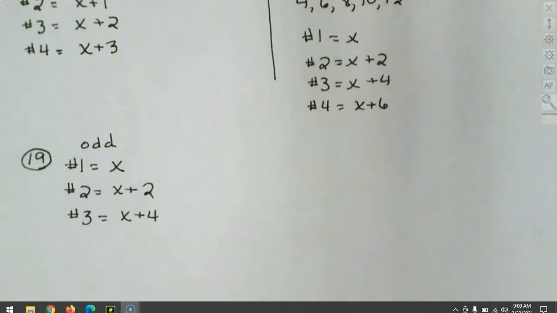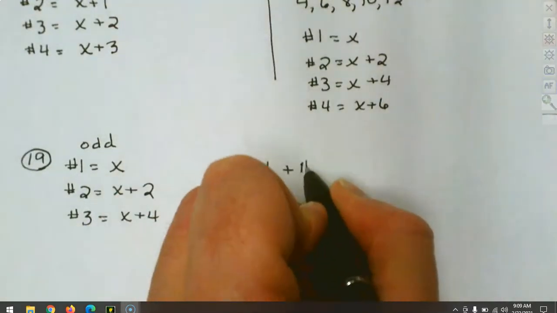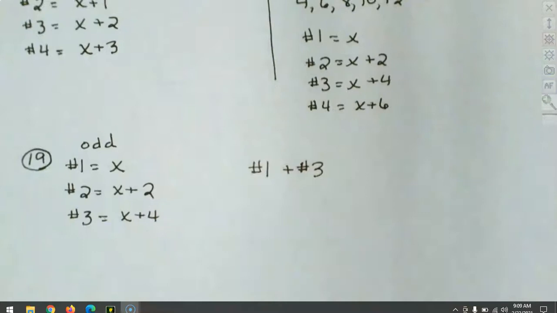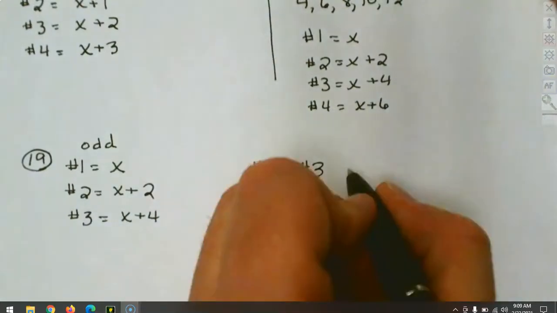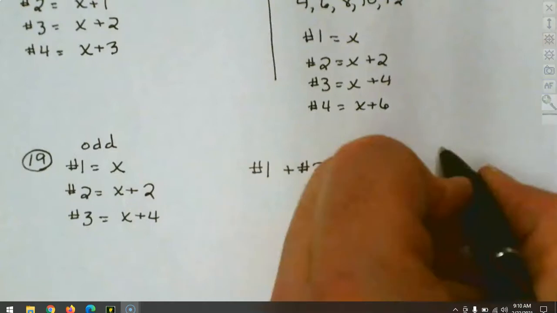So it says if the first and the third of 3 consecutive odd integers are added together. So first and third are added together. So that's going to be number 1 plus number 3. The result is, that means equals, 75 less. Okay, so that's going to make it subtraction here.